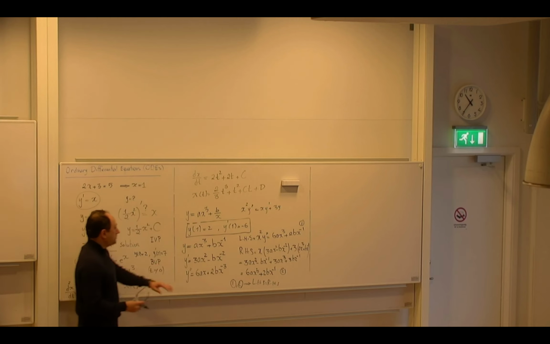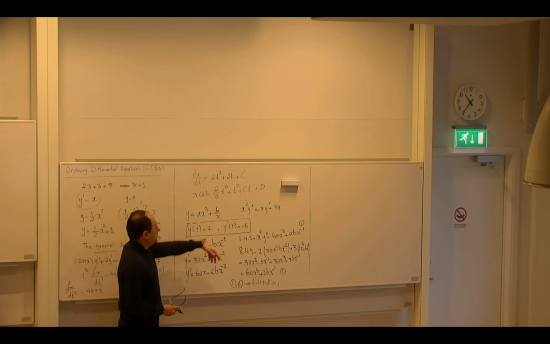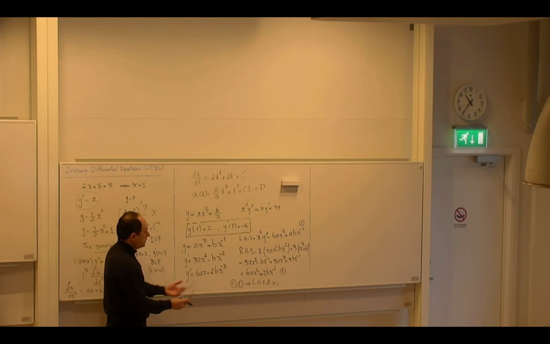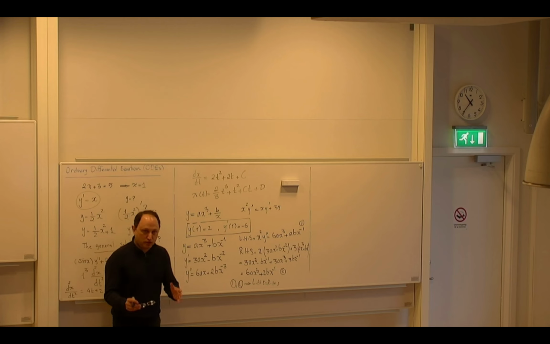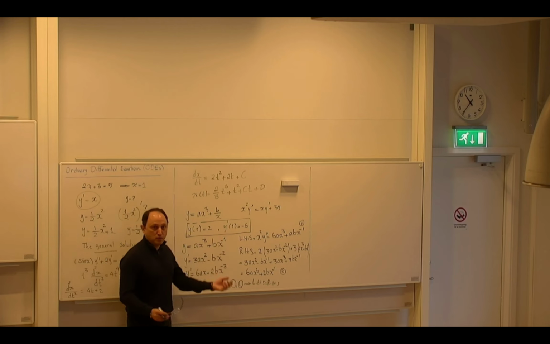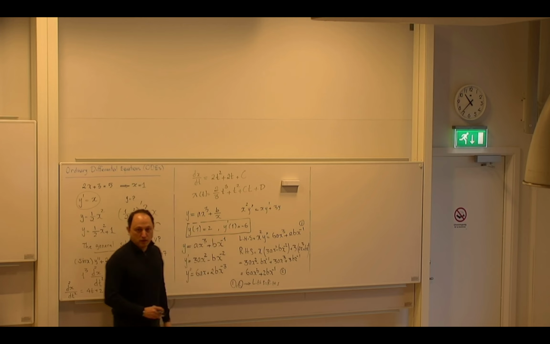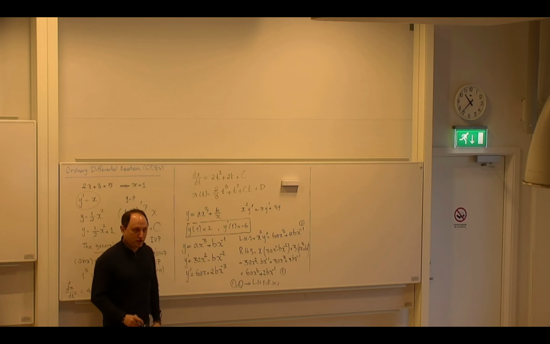So sometimes they just give you a differential equation and they want you to solve it, find the general solution. But sometimes they ask you to solve the following initial value problem. What do you expect? You expect a differential equation with some extra conditions, all of them expressed at the same point. But sometimes they ask you to solve the following boundary value problem.